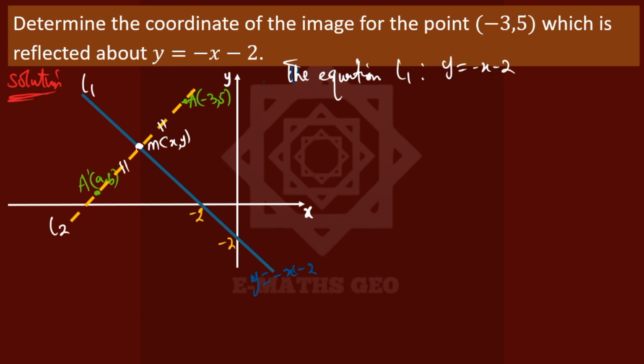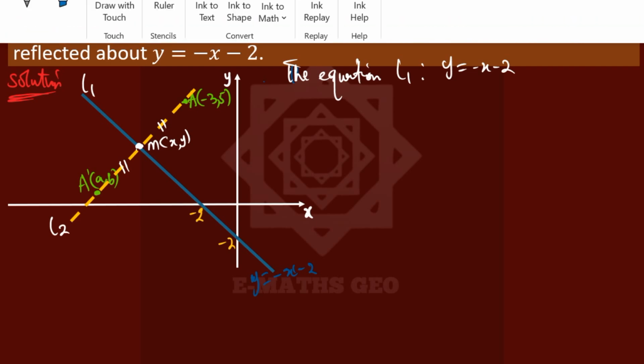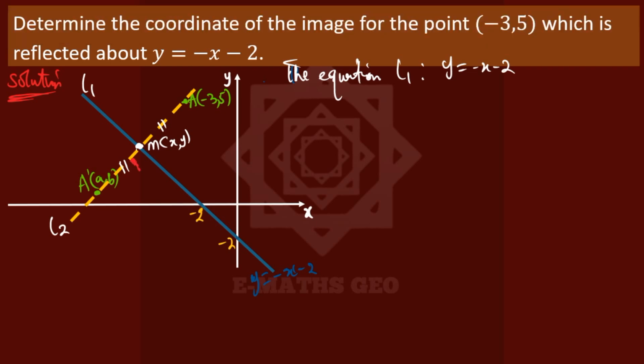To get the equation, remember, A prime is the image, meaning the two lines must be perpendicular. So L1 and L2 must be perpendicular, with the same distance, and must be reflected. So this should be angle 90.